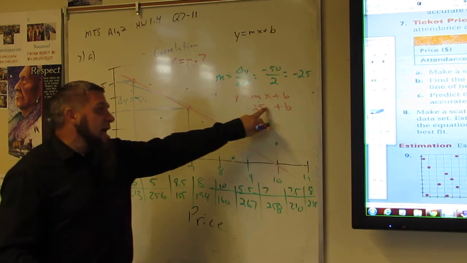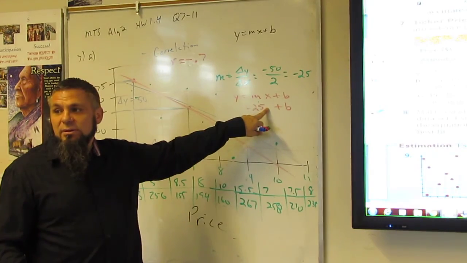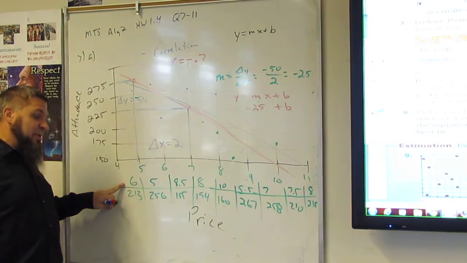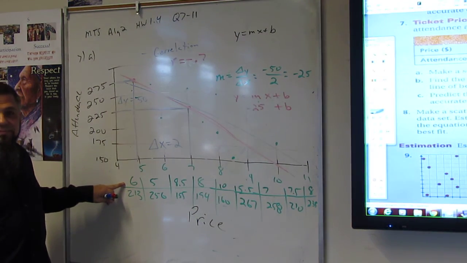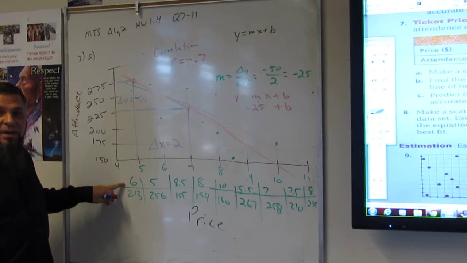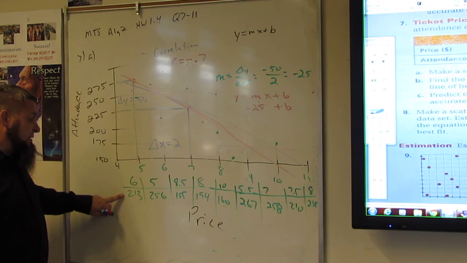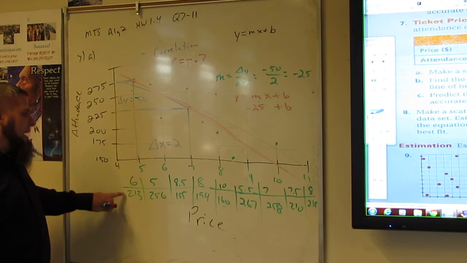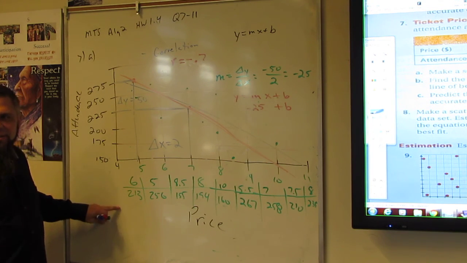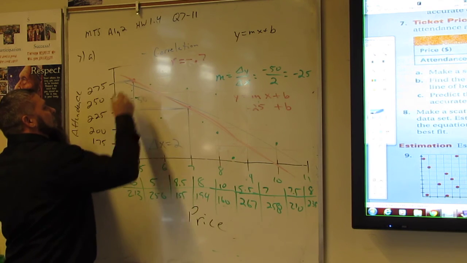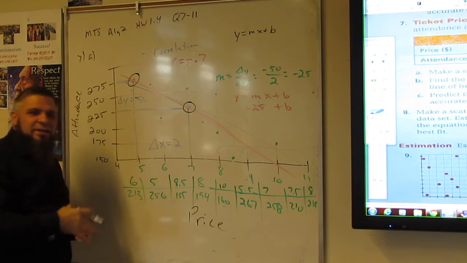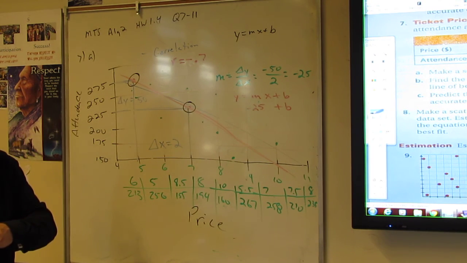If I'm putting in an x against 25, maybe put the lowest number I can think of, right? Maybe the lowest number I have. Might be easier, right? So if I put in 6 and 213, but I can't put in these two numbers, I have to put in one of these guys. The points on the line.